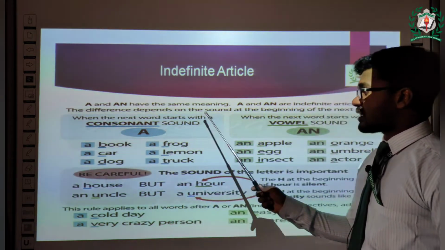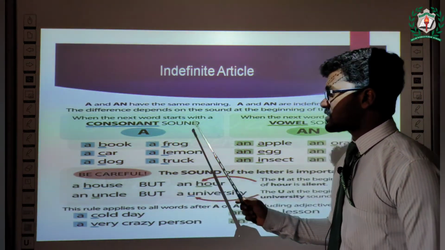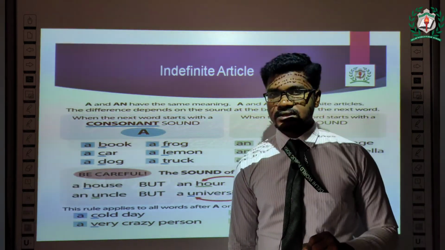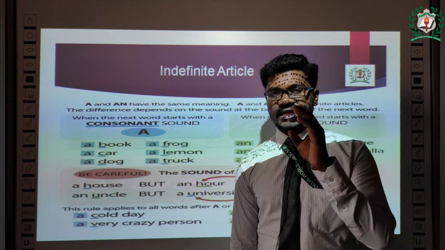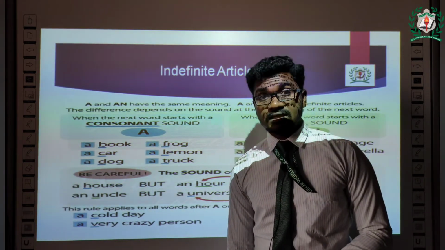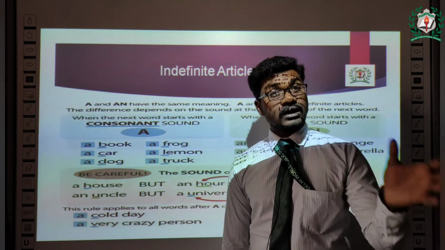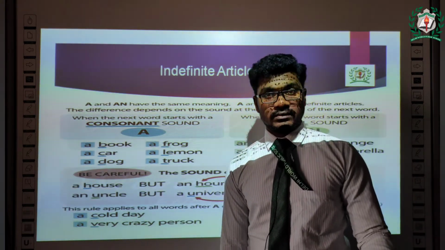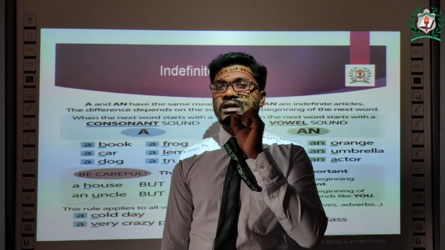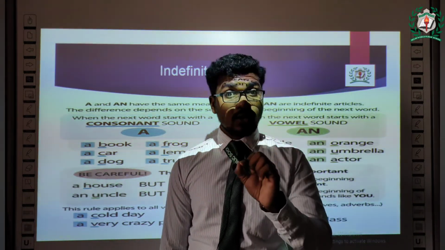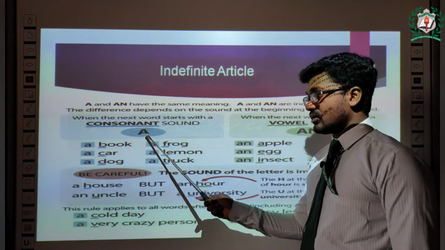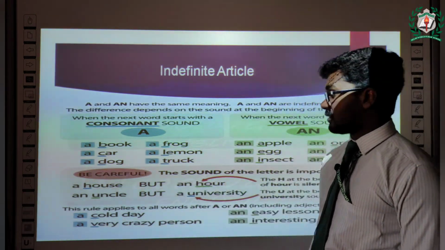When the next word starts with a consonant sound. What is a consonant? Apart from the vowels A, E, I, O, U, the other letters are consonants, right? So if the next word starts with a consonant sound, we have to use "a".